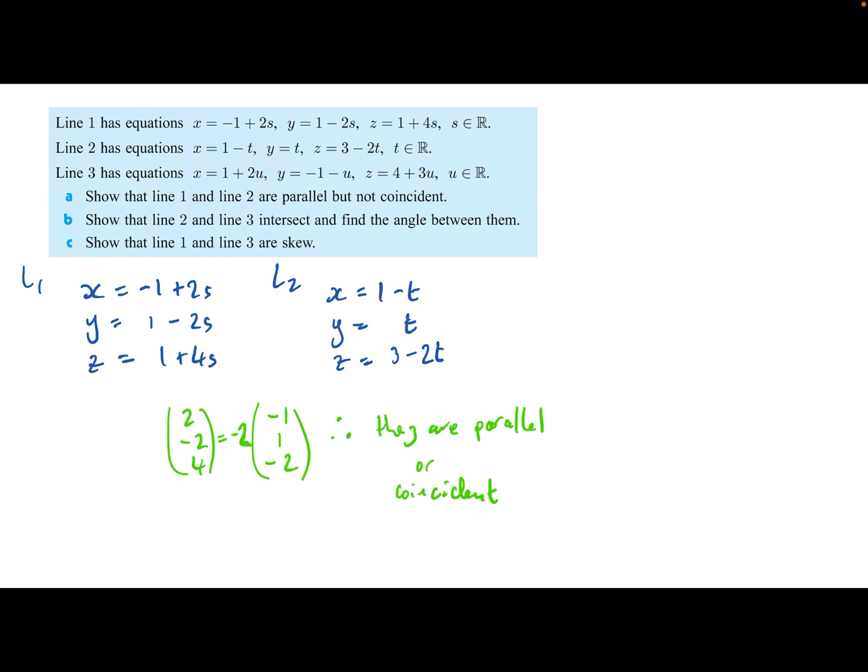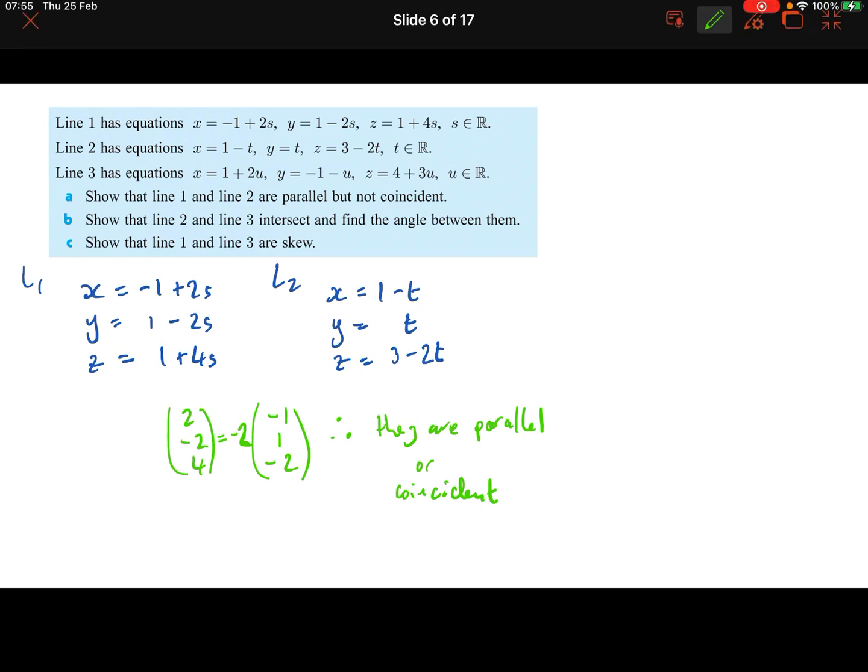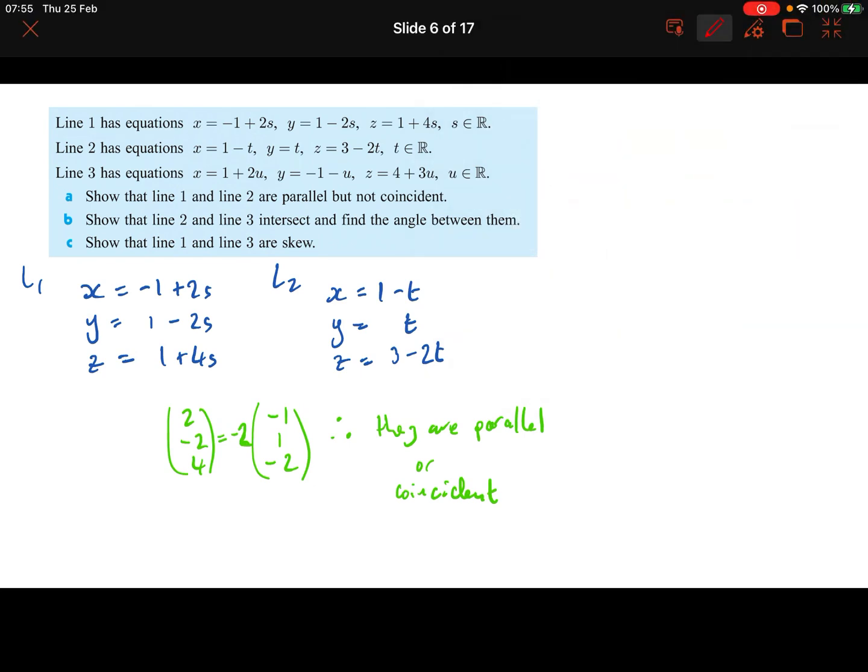So how do we find out? What we do is we just pick a point, okay? Pick any point we like. So let's go for the point on line 1 where s equals 0. So that's going to give me the point minus 1, 1, 1. I picked 0 because it's the easiest one to calculate.